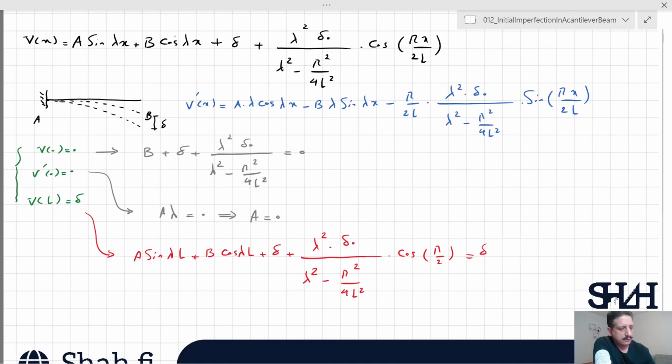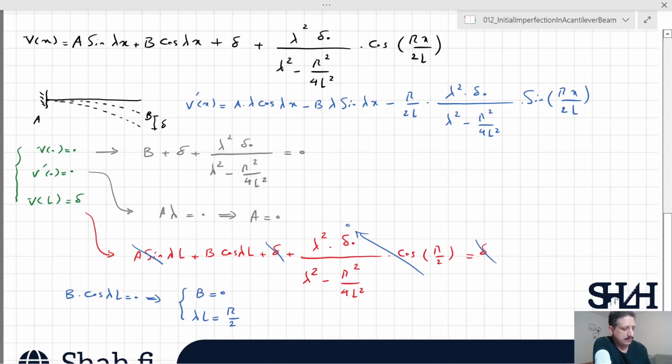Cosine pi over 2 is 0, so this is gone. Delta and delta are crossed. A is 0. As a result, B cosine lambda L should be 0. One solution is if B is 0, or lambda L can be pi over 2.